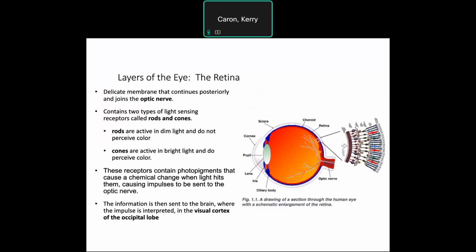So the information gets sent from the retina, the rods and cones, the chemical change happens, that impulse gets generated, and the impulse goes down the optic nerve to the area in the back of the head, the occipital lobe, called the visual cortex. In the back of the cerebrum is the occipital lobe.